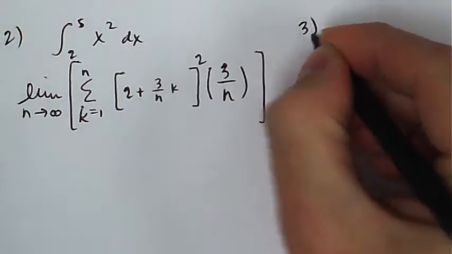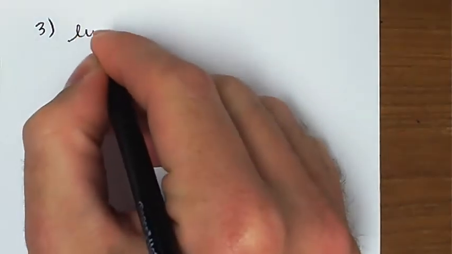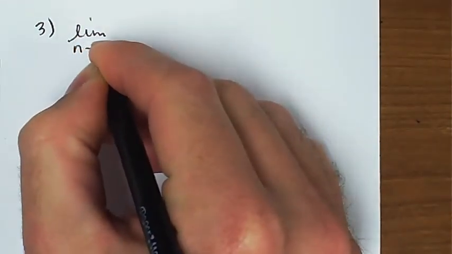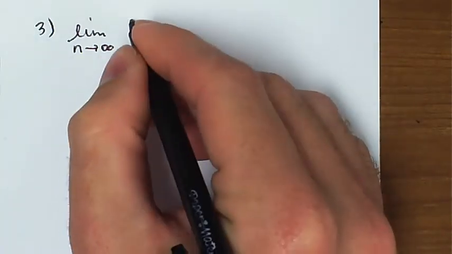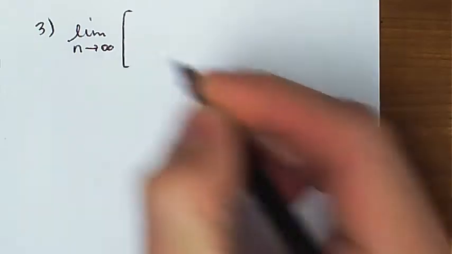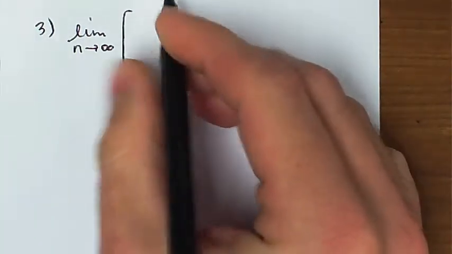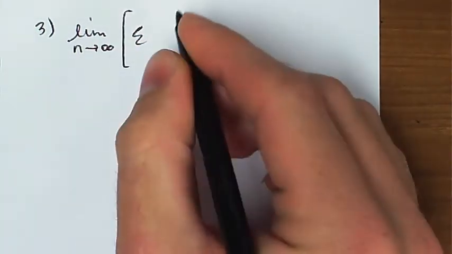Number 3, just scoot that on over here. Number 3 is going to be which of the following definite integrals is equal to this? And now this one's tricky. I would never put this on one of my tests myself, but if somebody decided that they wanted to challenge themselves with a difficult set of practice problems, I'm going to give them that.